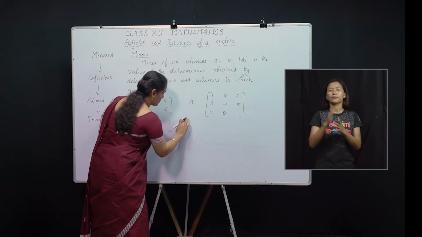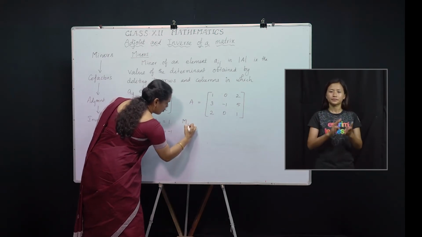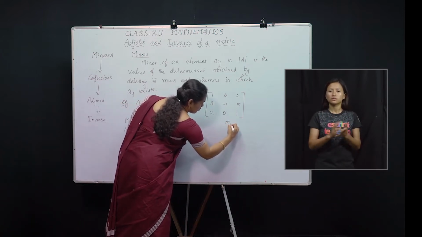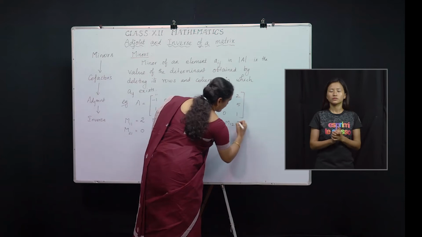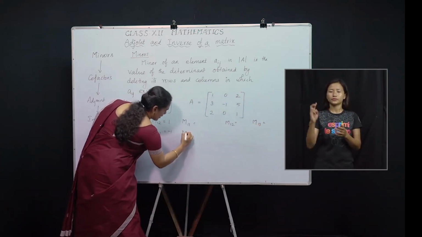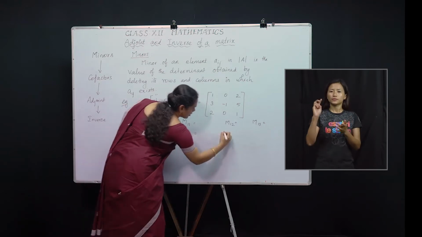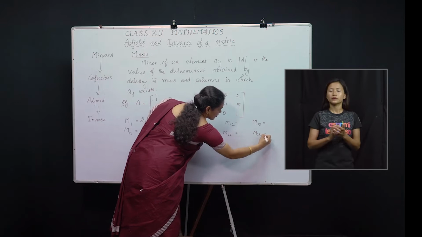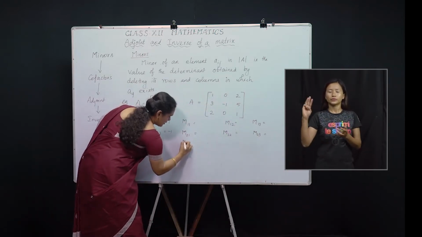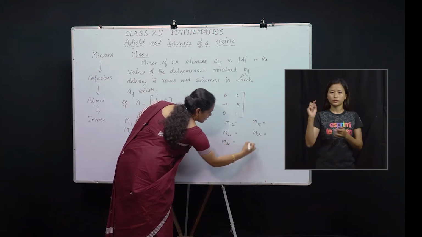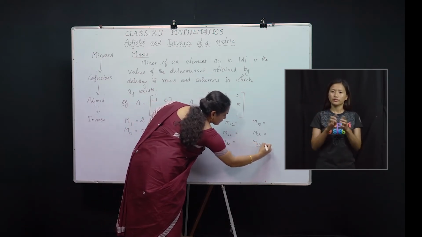This is M11, then M12, M13, the first row, then M21, M22, M23, the second row elements, and then M31, M32, then M33.